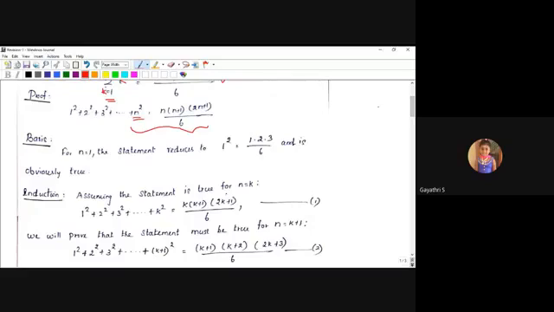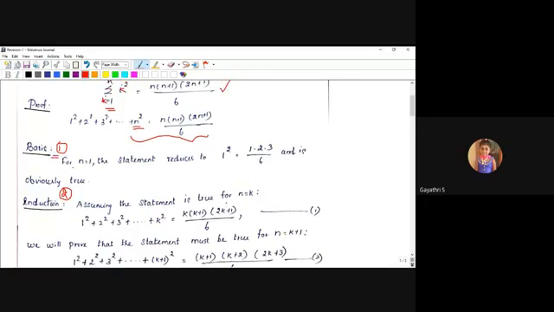Proof by induction has two main parts. The first part is the basis, and this is the second part. The basis part is about a very basic case. For example, in this theorem, you take n equal to 1, which is the basic one.